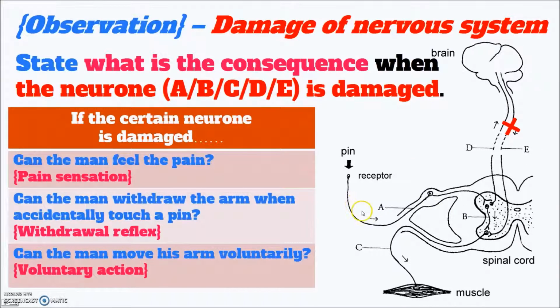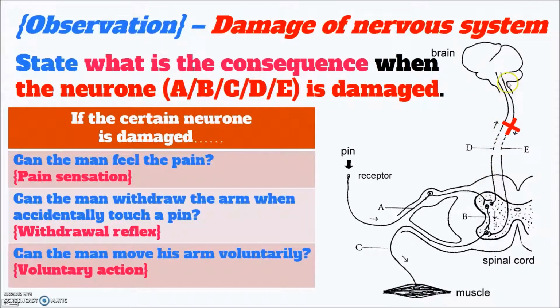A is the sensory neuron, because we know that it is connected with the receptor. B is the interneuron, because it is in the central nervous system. C is the motor neuron, because it's connected with the effector.